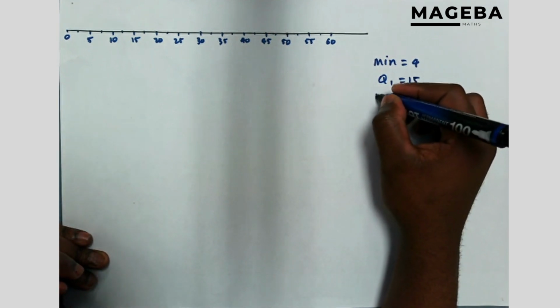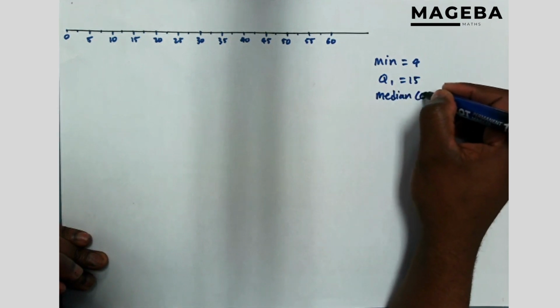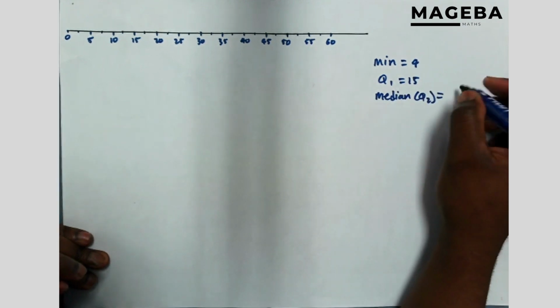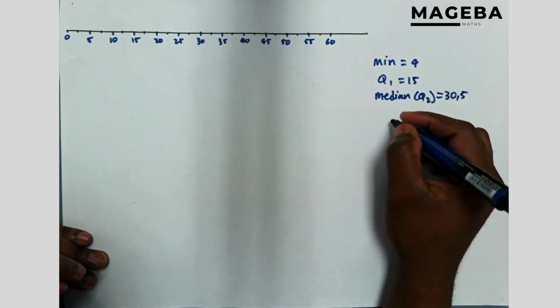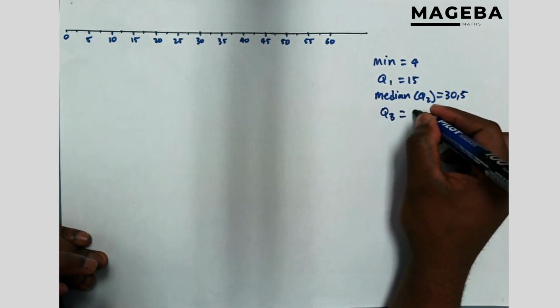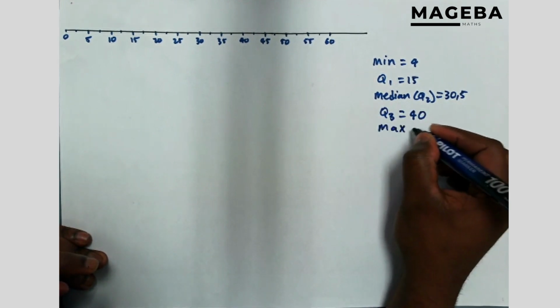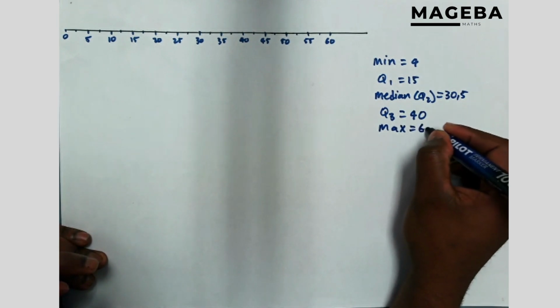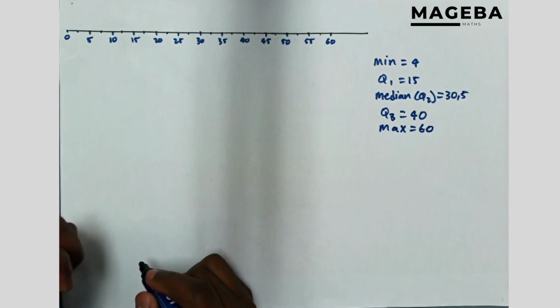Then our median, which is our Q2, was 30.5, and our Q3 was 40, and our maximum was 60.